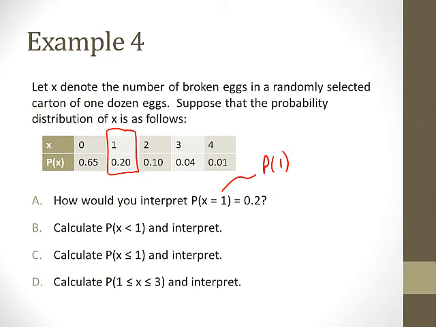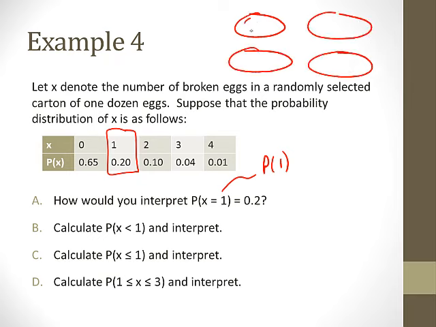Again, the probability means this: it means that about 20% of the cartons have exactly one broken egg. So 0.2 as a decimal is 20%, so 20% of the cartons have exactly one broken egg. Just imagine a big sample of, picture these being cartons of eggs. These are the cartons, not the eggs. Each carton's got a dozen eggs.